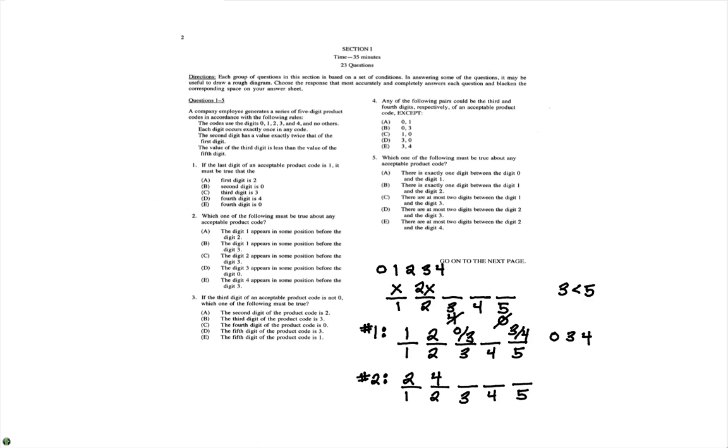In the second scenario, we have 0, 1, and 3 remaining. Again, we know 0 can't go fifth, so this must be 1 or 3.